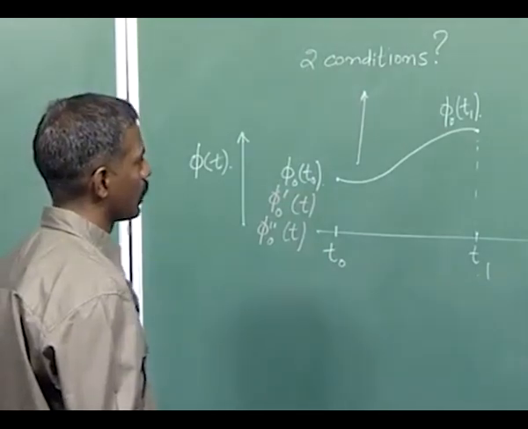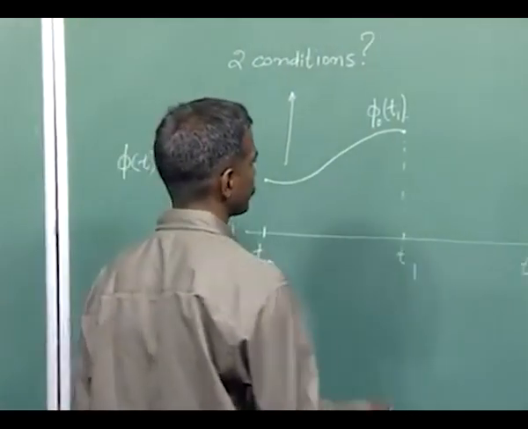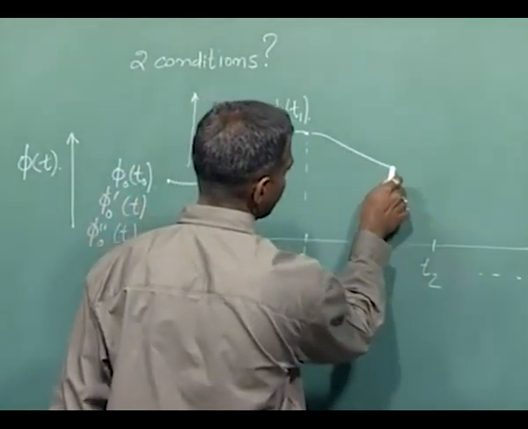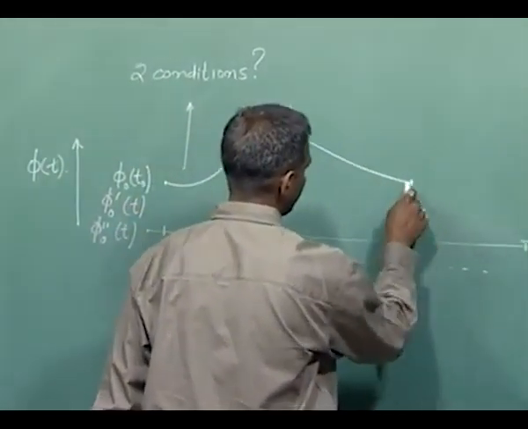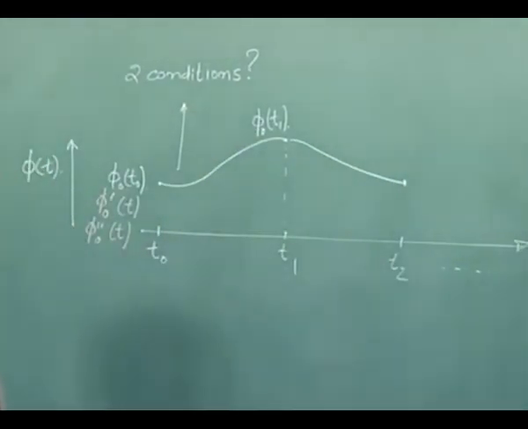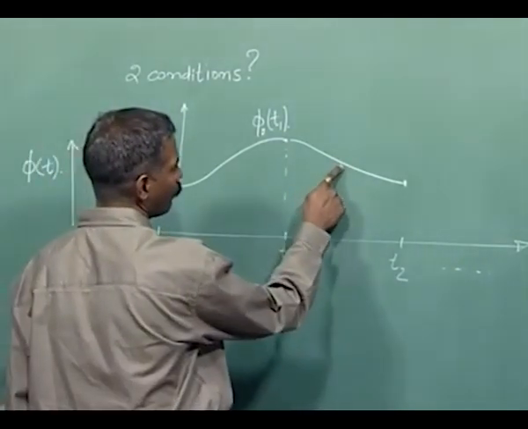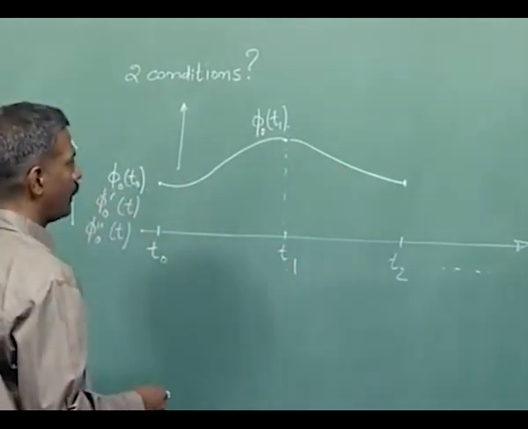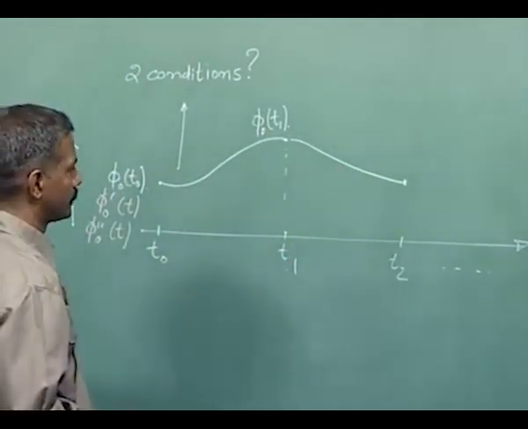How about the second one? We would need four conditions again, because this again would be a pure cubic polynomial. Let's construct those conditions.